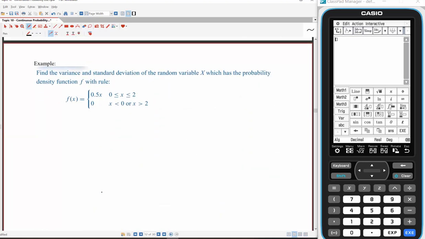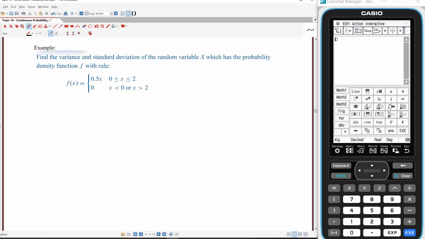I say we go ahead and do it. Find the variance and standard deviation of the random variable X, which has the probability density function with the rule 0.5x between 0 and 2, and 0 elsewhere.